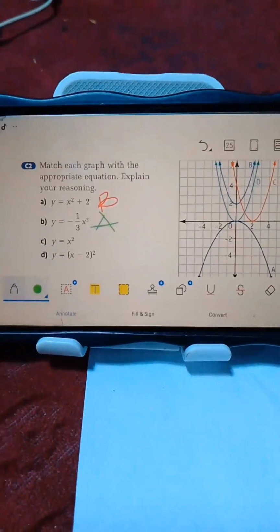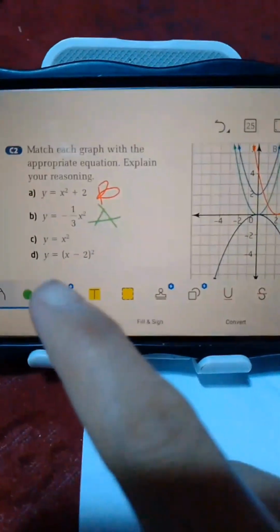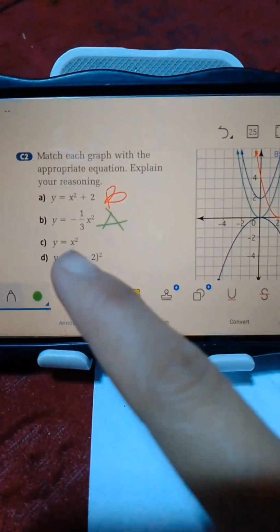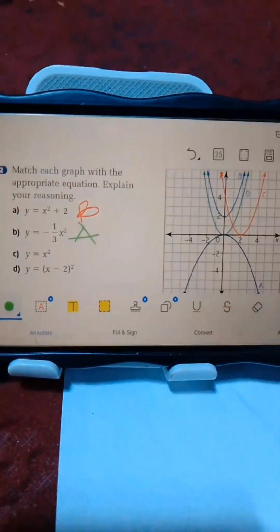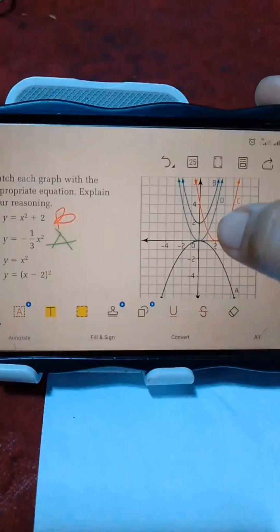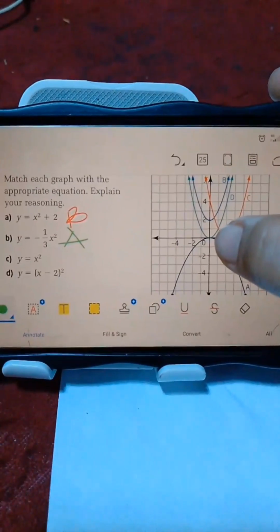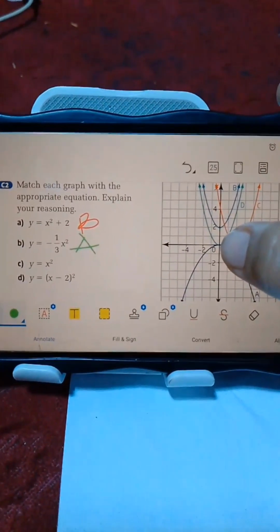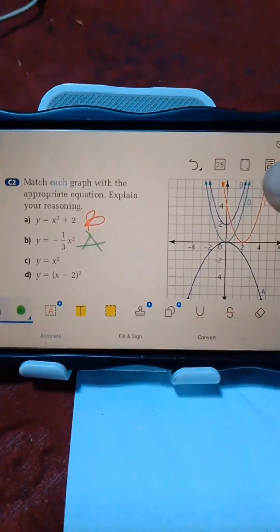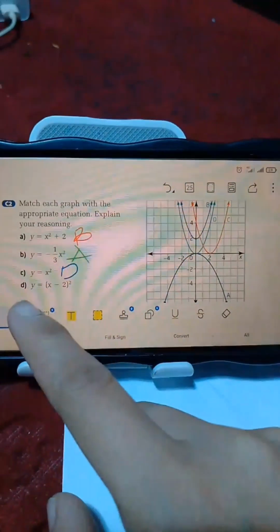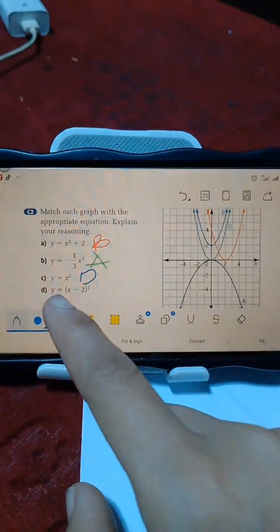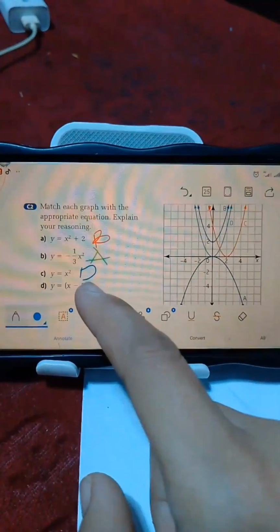Next, for letter C, we have y equals x squared. The vertex here is at the origin. So the only parabola that has a vertex at the origin is letter D. So letter C is letter D. And we have y equals x minus 2 squared.